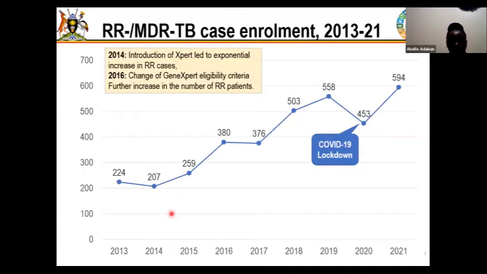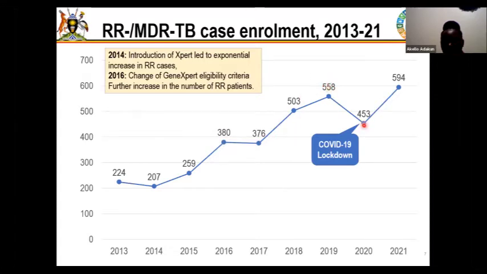So this shows a trend of enrollment since 2013 when the program began. From 2013, we had about 200 patients. In 2014, GeneXpert was introduced, and by 2016, Xpert was rolled out for all. Initially, it had been for only HIV. And so we see that upward trend in cases, in surveillance.